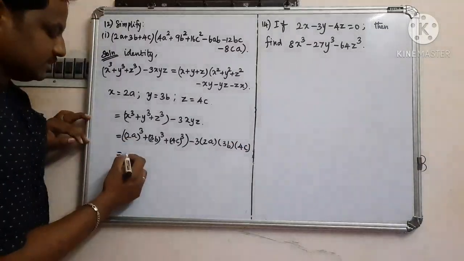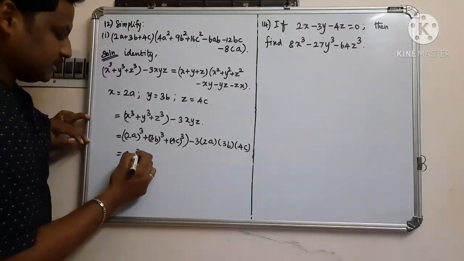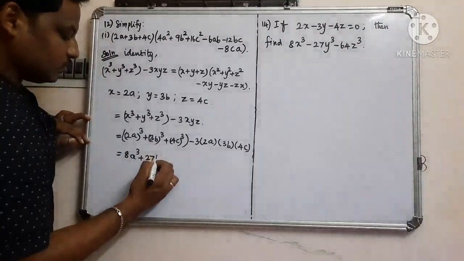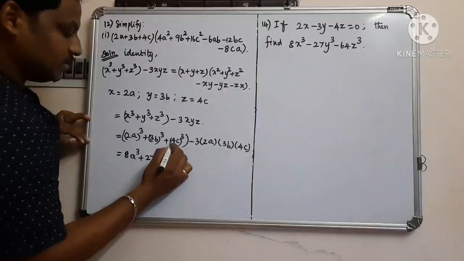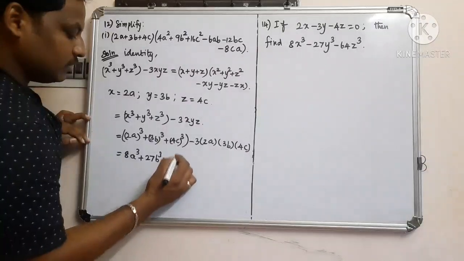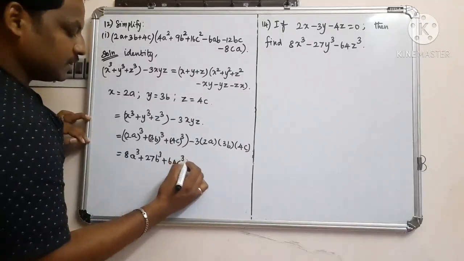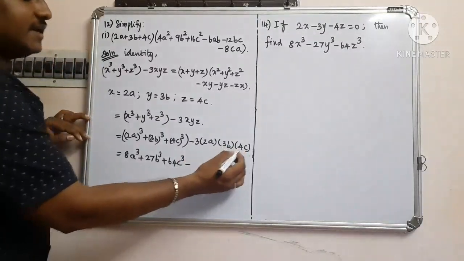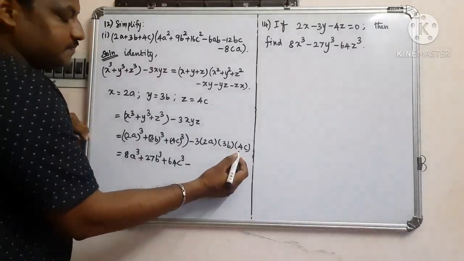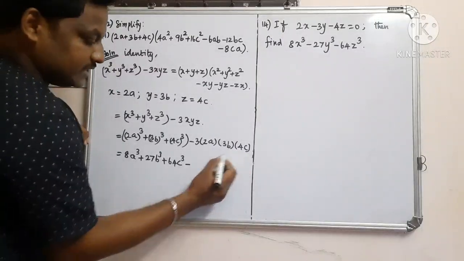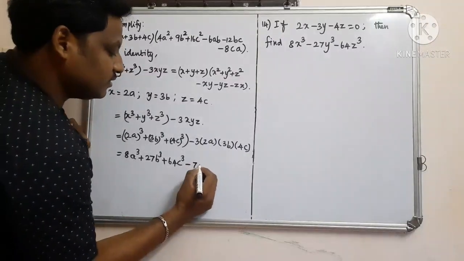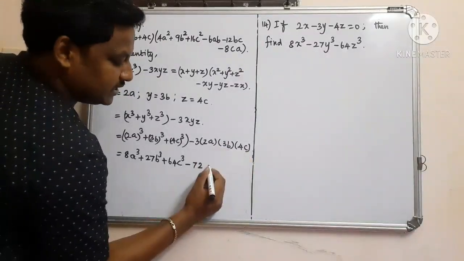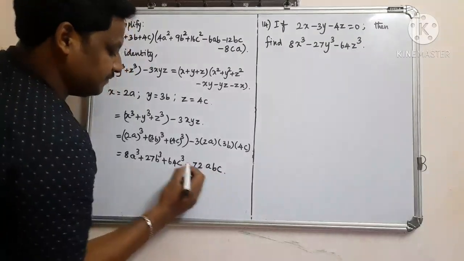So 2 cube is 8, a cube; 3 cube is 27, b cube; 4 cube is 64, c cube; minus 3 2s are 6, 6 3s are 18, 18 into 4 is 72, abc.